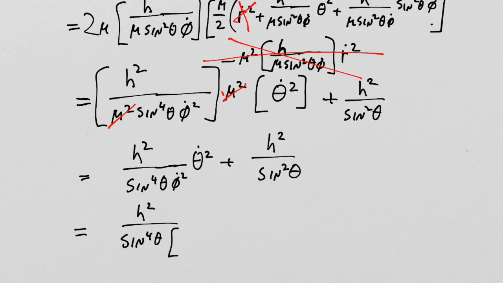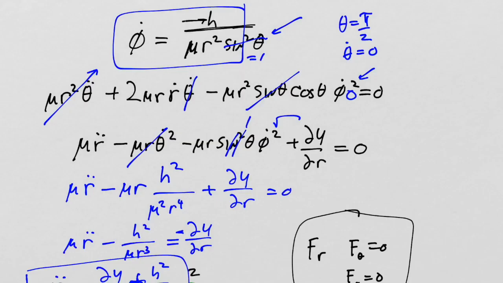So this becomes h over mu squared sine squared theta r squared, right? It's now this original constant of the motion expression here, this one, as is. So it's just the square. So it's everything squared.